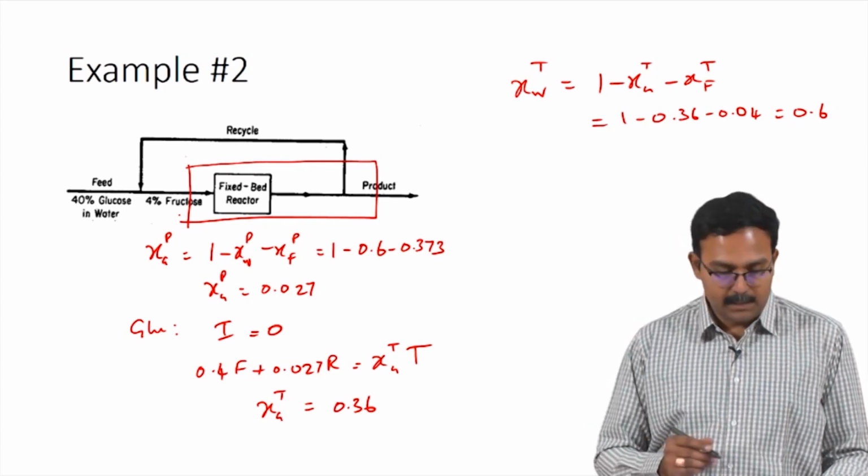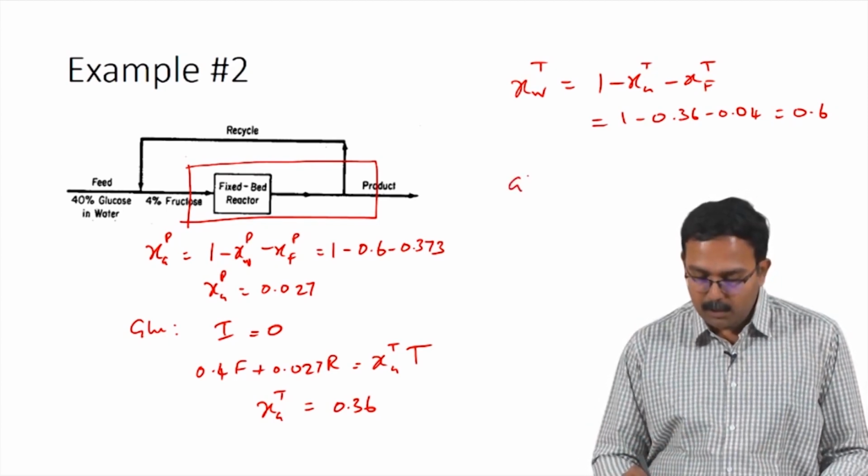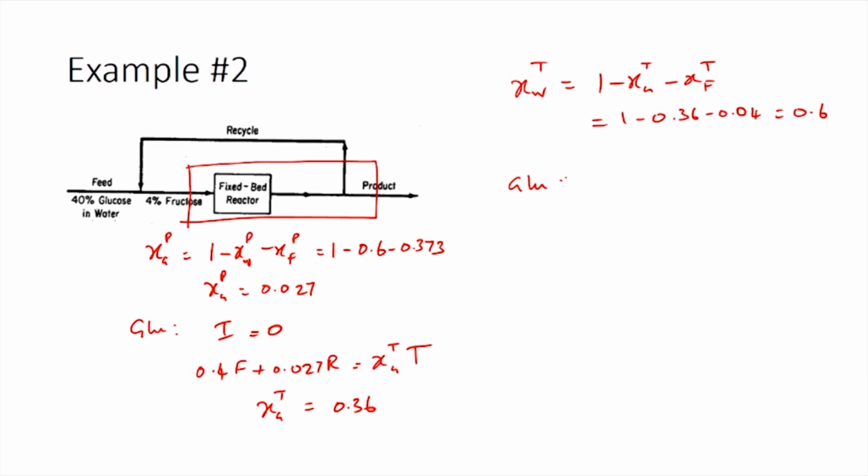So, now let us write the glucose balance for the system chosen. The glucose balance would be input minus output plus generation minus consumption equals accumulation. At steady state, accumulation goes to 0, and glucose is not generated as it is a reactant. So, the equation simplifies to input minus output equals consumption. We are expected to calculate consumption, which is nothing but input minus output.